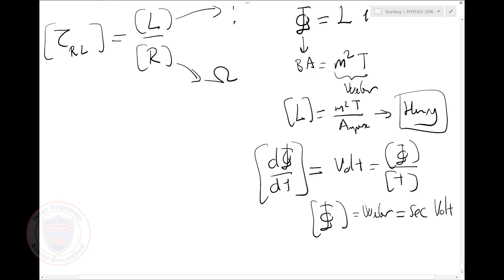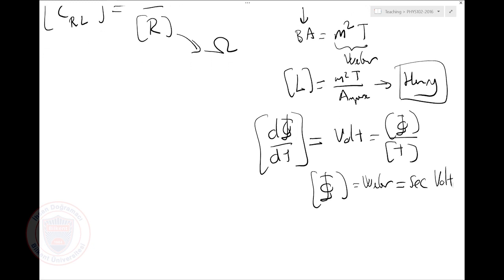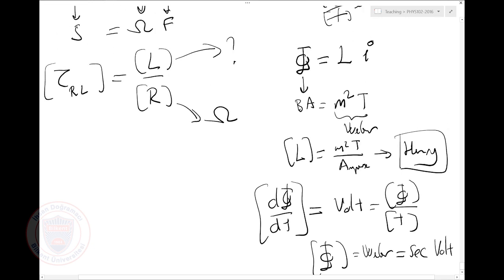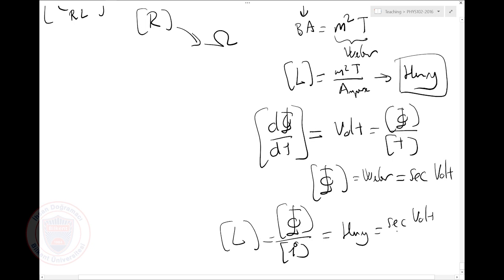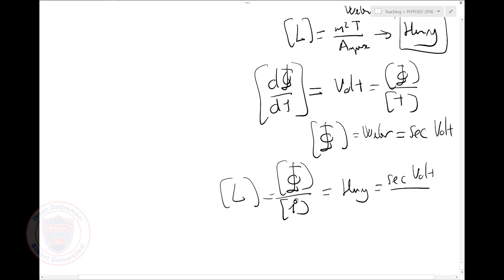Wow, nice. So what is phi divided by I? That's the unit of L. So Henry is seconds times volt divided by ampere.